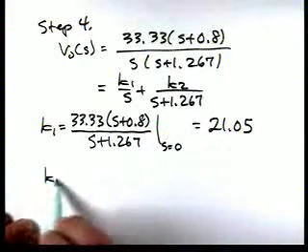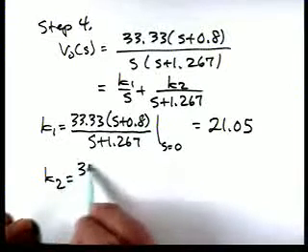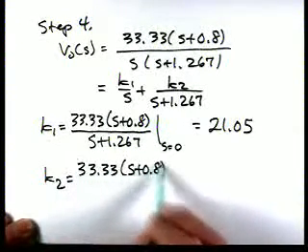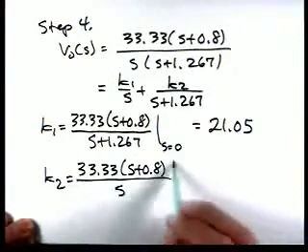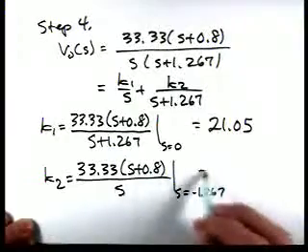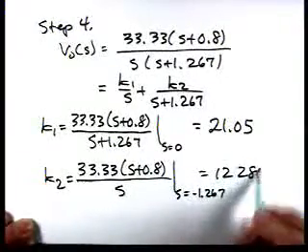And then K2, we multiply through by S plus 1.267, and we let S equal minus 1.267. We get 12.286.